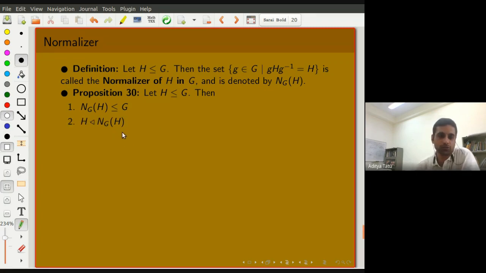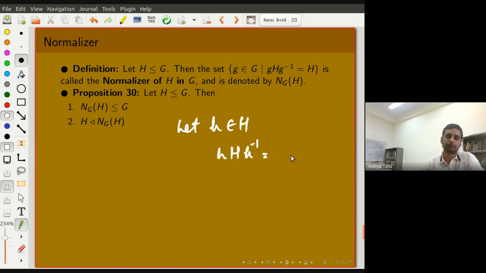What you can also show is that the normalizer of a subgroup H is larger than the subgroup H. Why? Because of course, if I take any element h in H, what is hHh inverse? It is H itself.